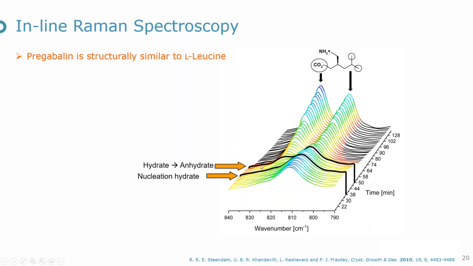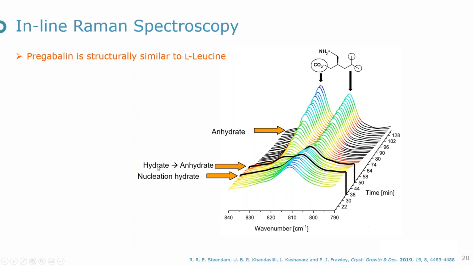And then after a while, we noticed that a second peak emerged, which is probably indicative of the hydrate form, because the peak on the right-hand side could be assigned to the alkyl chain. And on the left-hand side, we have the carboxylate group. Initially, you don't see it because we think water is coordinating to it. So it's not really vibrating. But afterwards, in the anhydrous form, it's free to vibrate. So therefore, you will see this peak coming up.